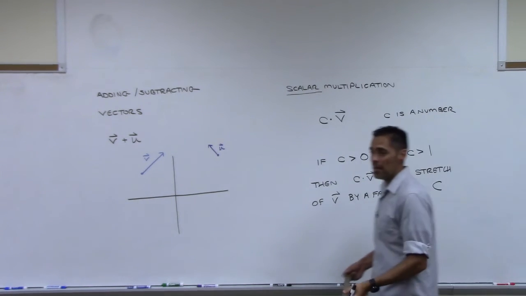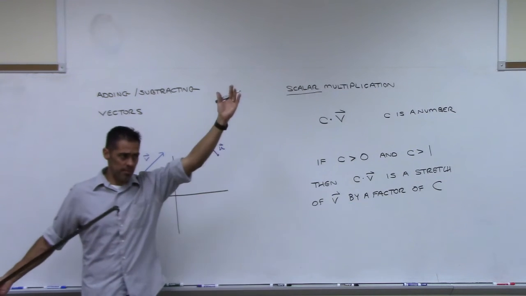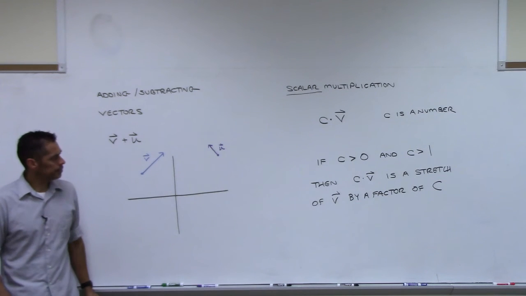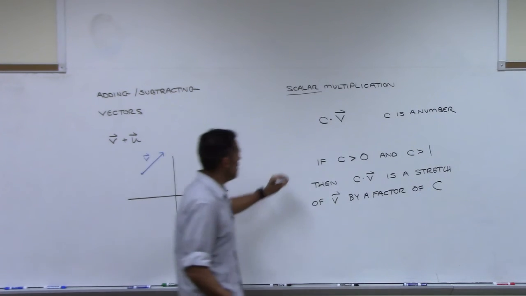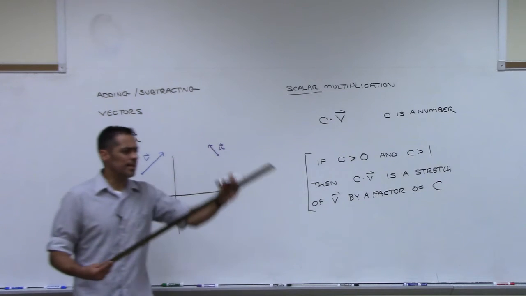So if you multiply by 2, it's going to double the length. If you multiply by 10, it's going to be 10 times the length, right? That's what happens if you multiply by a number that's bigger than 0 and bigger than 1. How do you think I can shrink it then?